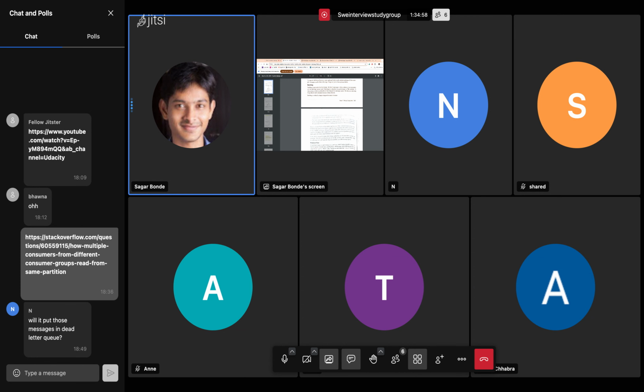So you don't need multiple read-writes, and you are not wasting the transaction by just writing half of the messages or a quarter of the messages to the 4K size. What they are saying is this 4K is a block size. If you keep your batch size the same as that, then you are essentially increasing the throughput. Okay. Got it.